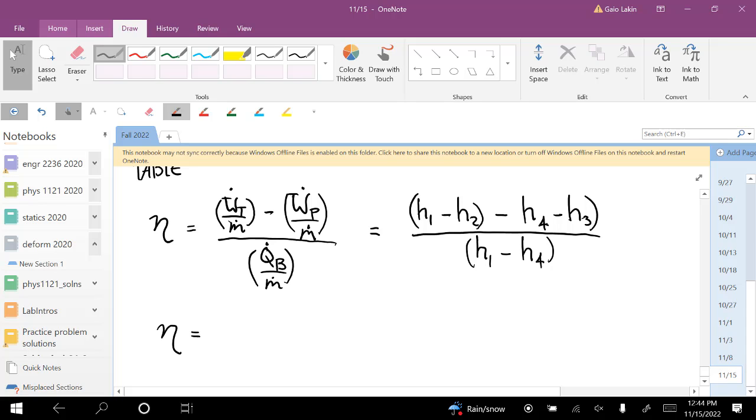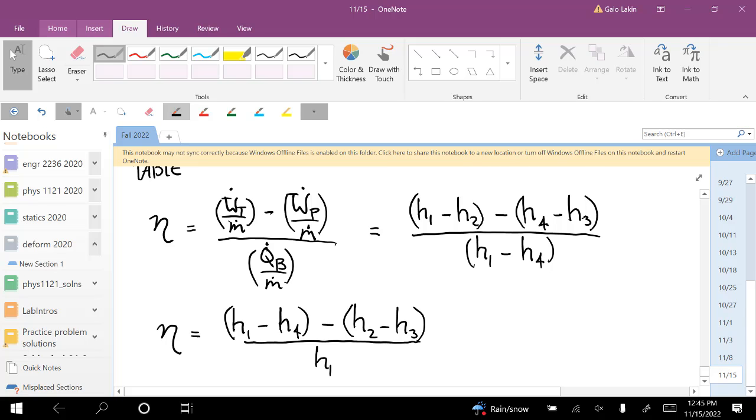And so you can rewrite this as H1 minus H4 minus the quantity H2 minus H3, divided by H1 minus H4.